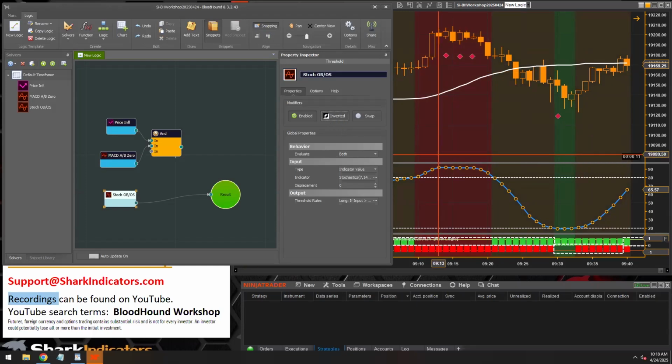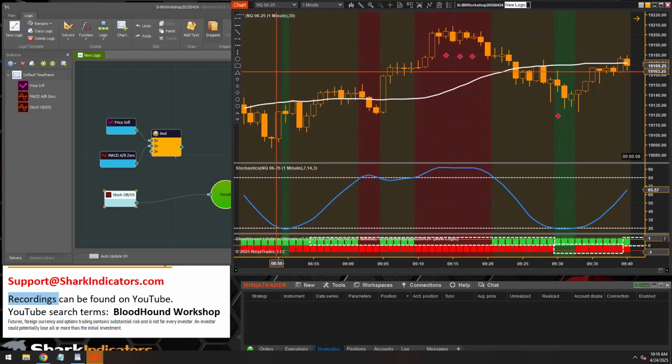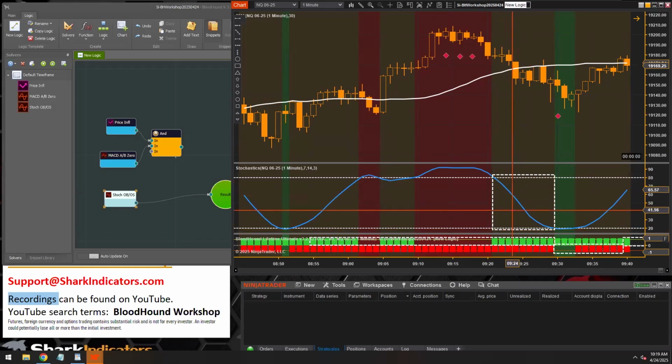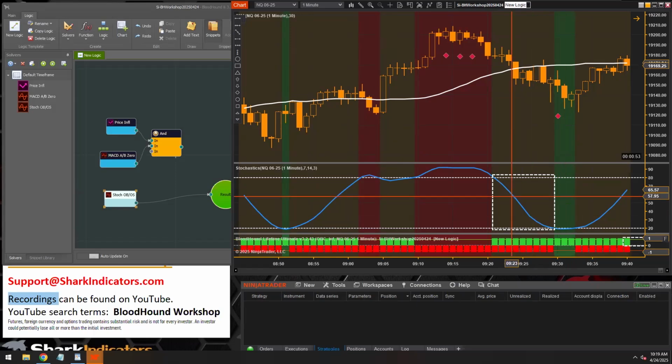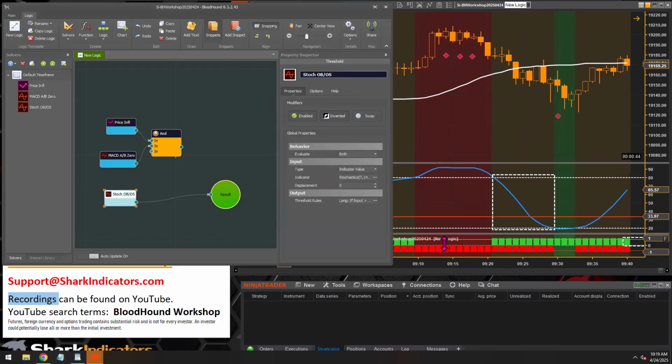When we invert that, if we look now, when the stochastic is in the middle here, and let's clear out some of these objects, notice this solver now gives us a long and a short when it's in the middle here. So effectively, that's exactly what we want.